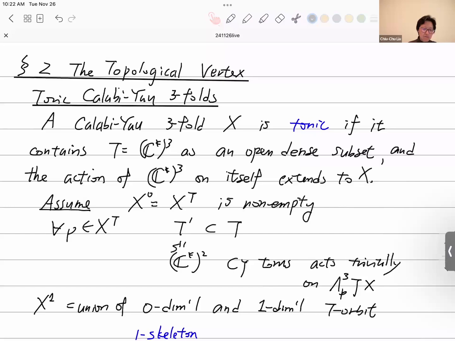Then at the fixed point, the torus T acts on the tangent space, and in particular, it acts on the top exterior power of the tangent space at this point. This is a one-dimensional representation, which is not trivial.